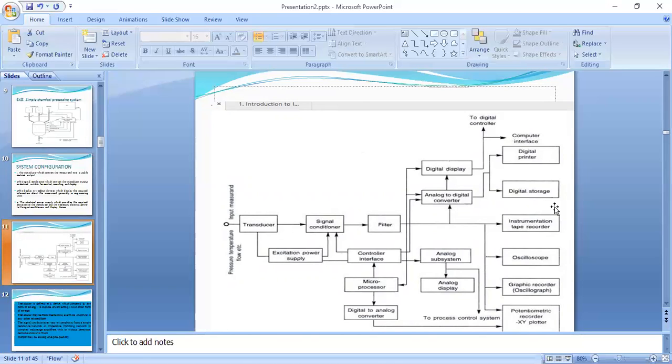In another way, after completing the filter, it will move to the oscilloscope or graphic recorder or potentiometric recorder, that is an XY plotter, only for the two-axis method. It is not a three-axis method, only two axes, X axis and Y axis.